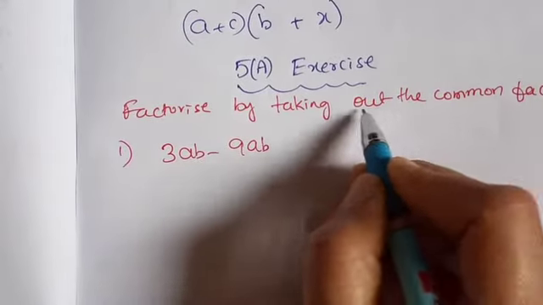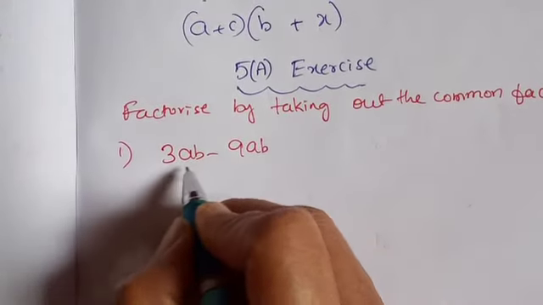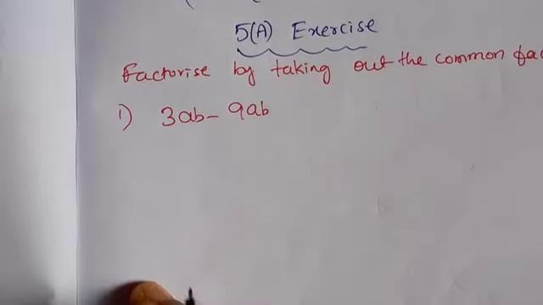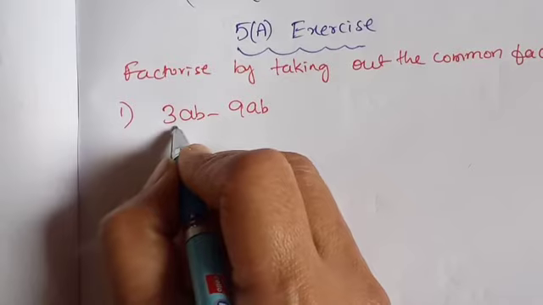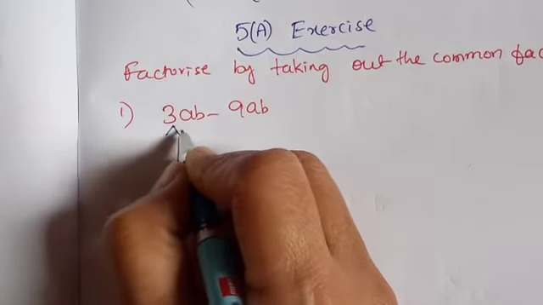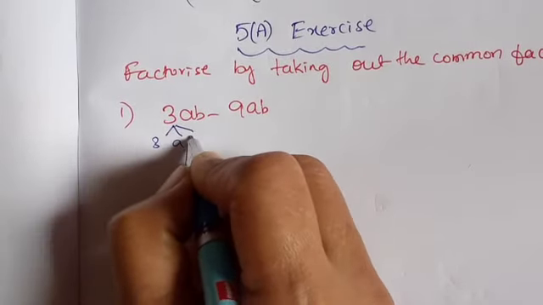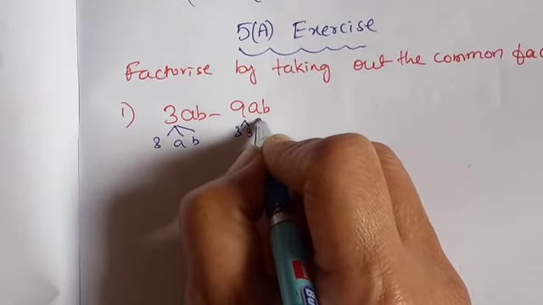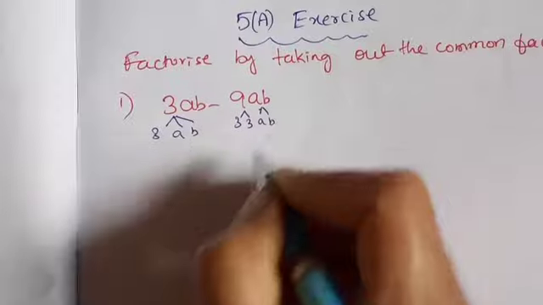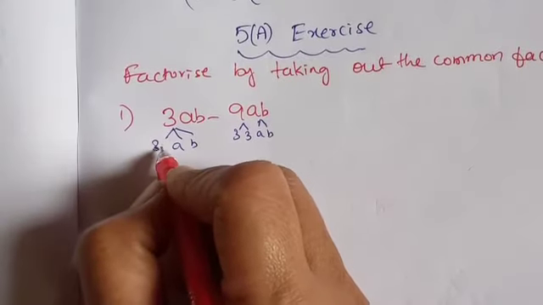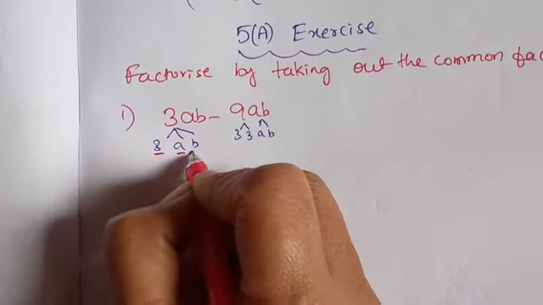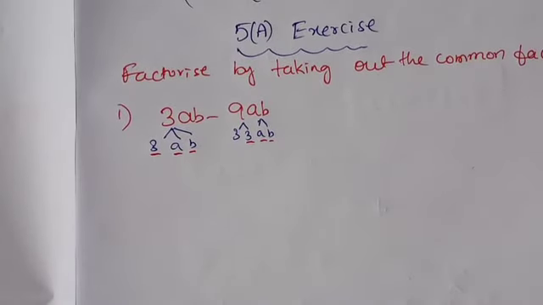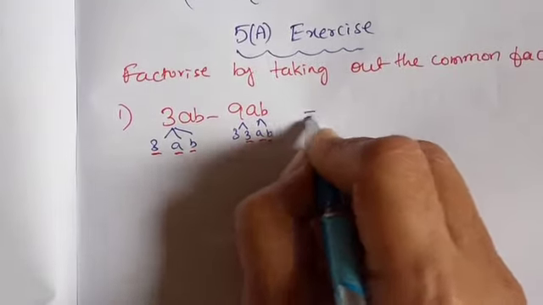A few sums I will explain by splitting them right there, children. So here 3ab, I'll take common 3ab. So directly I can take 3ab as common.